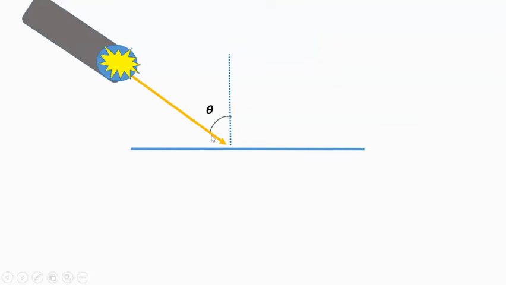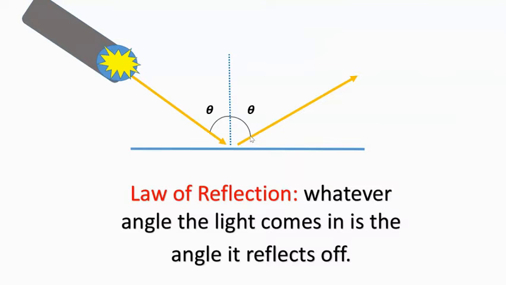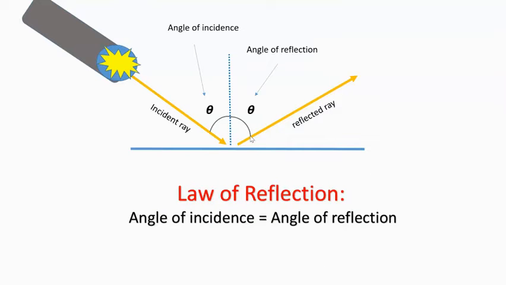Whatever that angle is, it's going to be the same on the other side, and where the angle ends is where the light is reflected. The law of reflection says that whatever angle the light comes in, that is the angle that it reflects off.